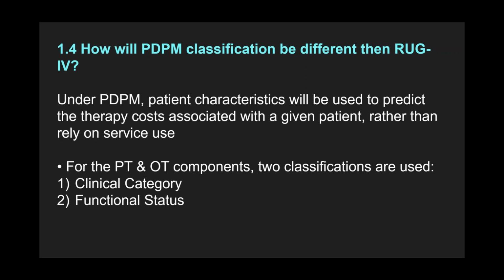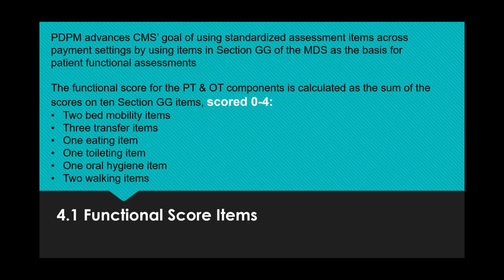There's the clinical category, and that's basically derived from a mapping system from their ICD codes, so diagnosis driven. Then the additional component is their functional status. Under RUGs for PPS, that has always been calculated as their ADL score by section G. Now under PDPM, that is changing to GG. And I will hand the microphone now over to Natalia to continue the slides.